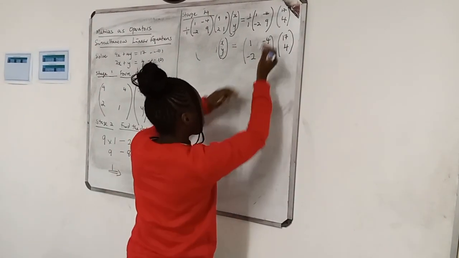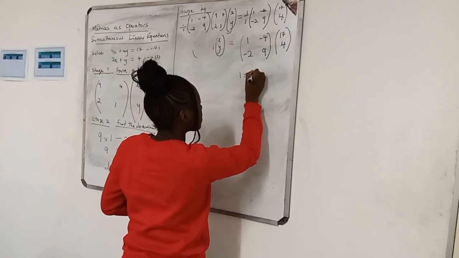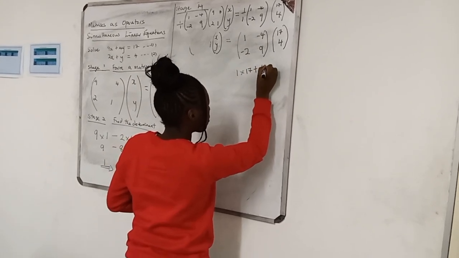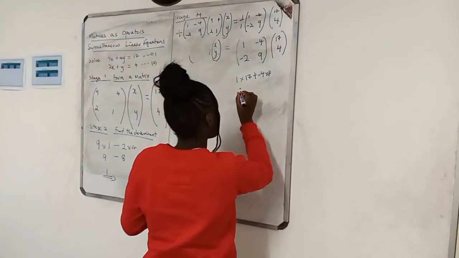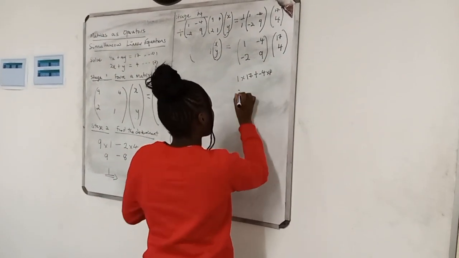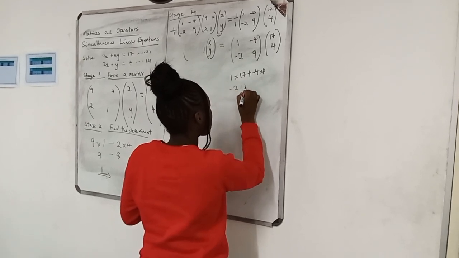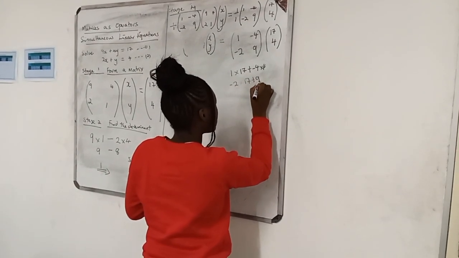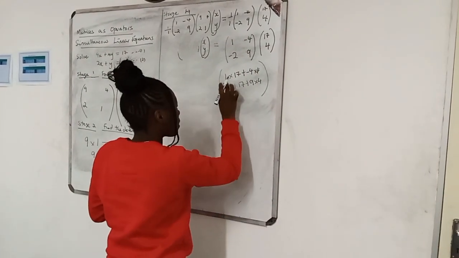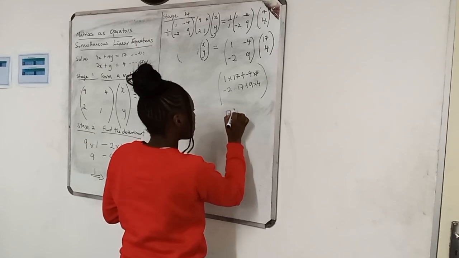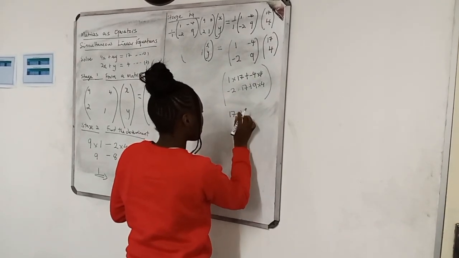So firstly we say 1 times 17 plus minus 4 times 4, and then minus 2 times 17 plus 9 times 4. 1 times 17 is 17, plus minus 4 times 4 is minus 16.